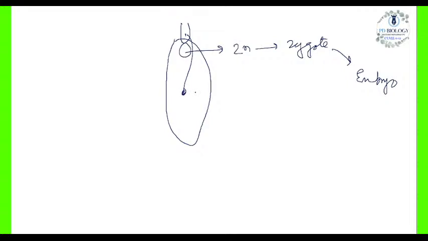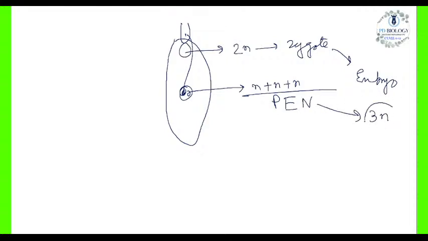The second one attaches with the central definitive nucleus, that is N plus N plus N, the primary endosperm nucleus, the triple fusion, which forms the endosperm. Later free nuclear division forms the endosperm cells. That is triploid in nature.